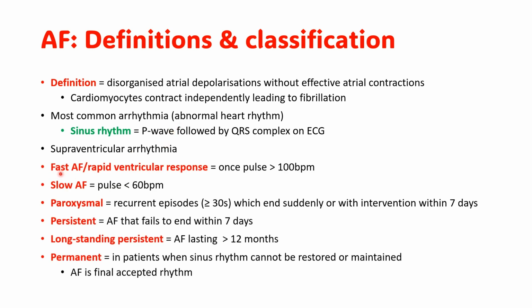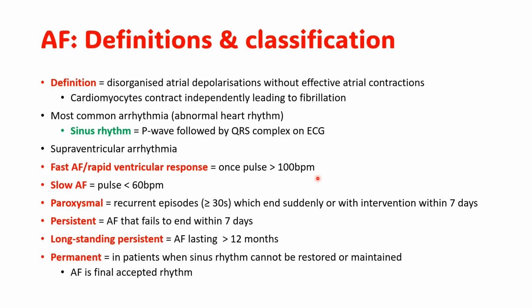Other definitions. This is more to do with the classification of atrial fibrillation. We have fast AF, also known as rapid ventricular response AF, and it's essentially when the pulse is greater than 100 beats per minute. The atria can contract at rates of greater than 300 beats per minute.